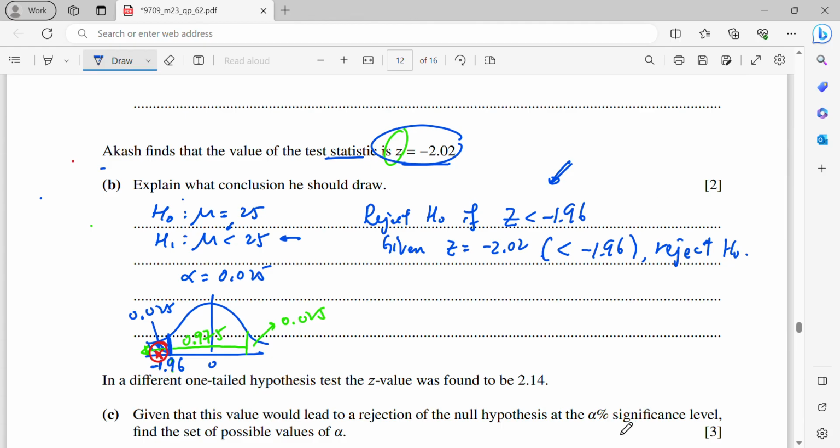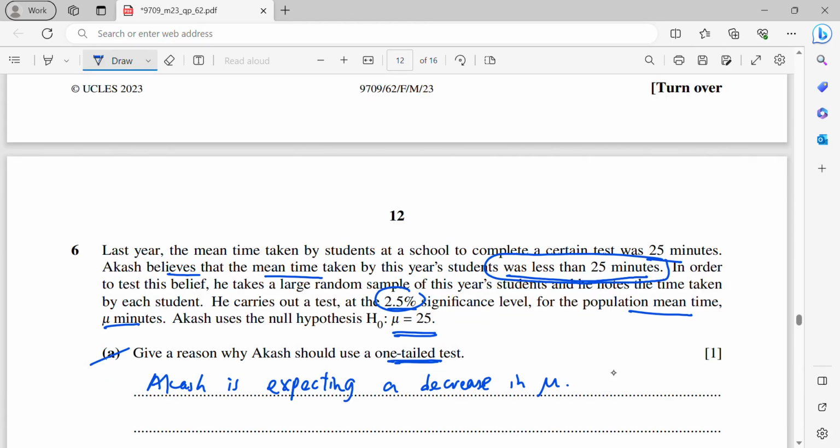Okay, so when we reject H0 it means that we support H1. So now go back to the question. Akash believes that the mean time taken by the students was less than 25.